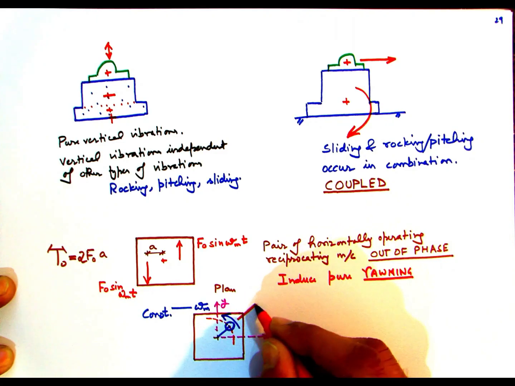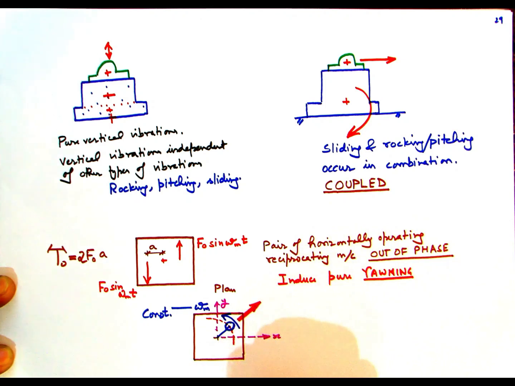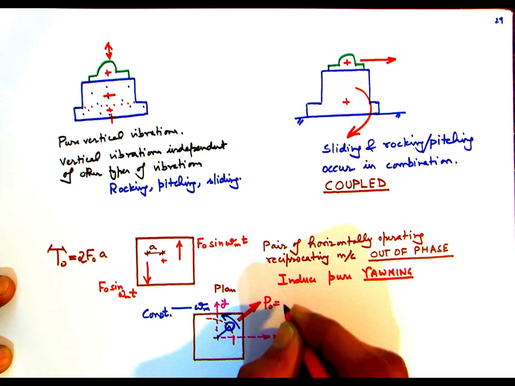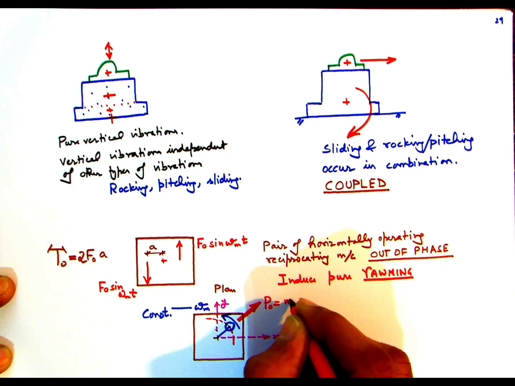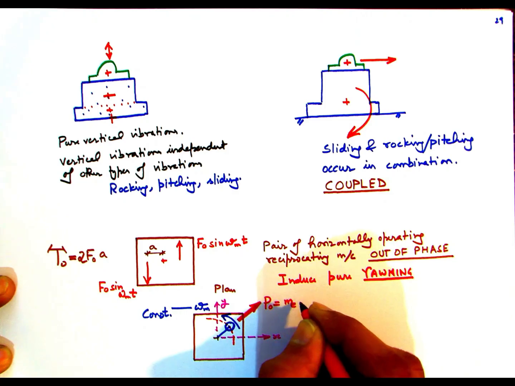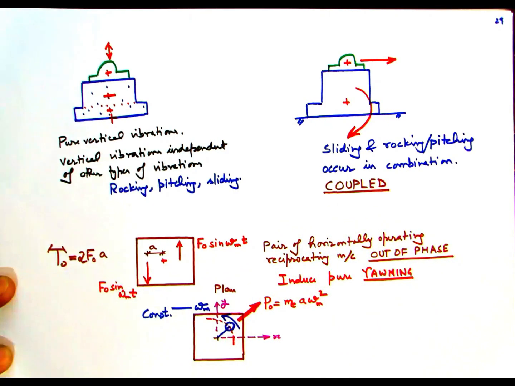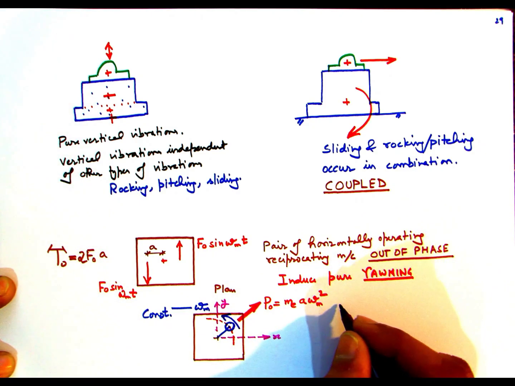Now if we analyze carefully, basically this imparts a centrifugal force on the foundation system going out from the center of rotation to the particle, and the amplitude of the force would be the eccentric mass multiplied by the radius a and the square of the angular frequency.